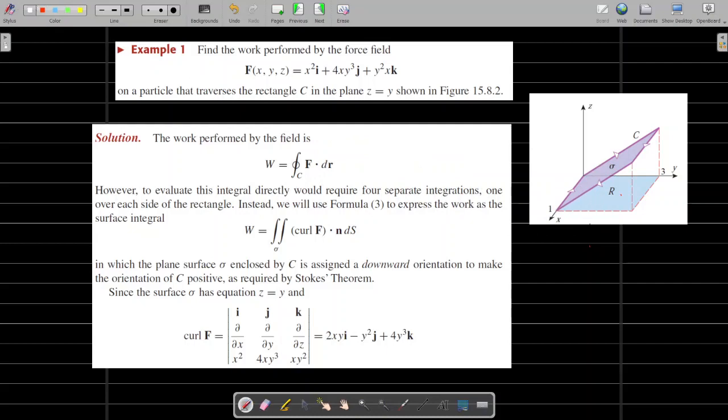Now once again, if you are using the thumb rule, then you fold your four fingers in the direction of motion. So you're folding your fingers like this, then your thumb will be in this direction.